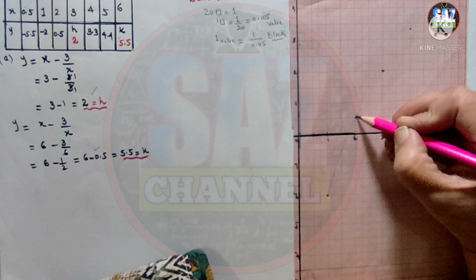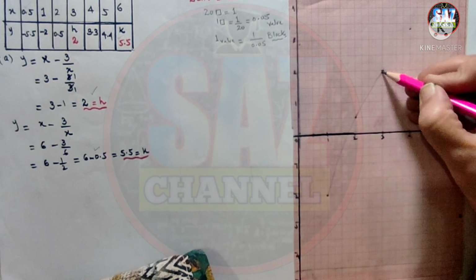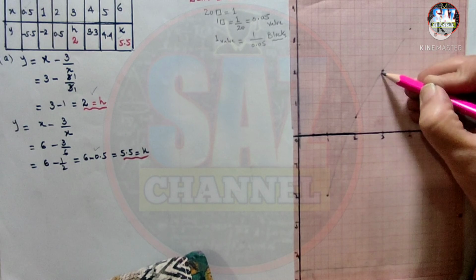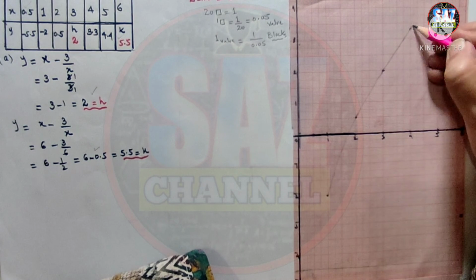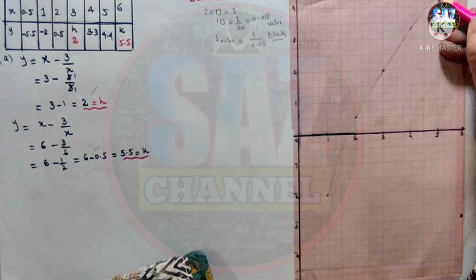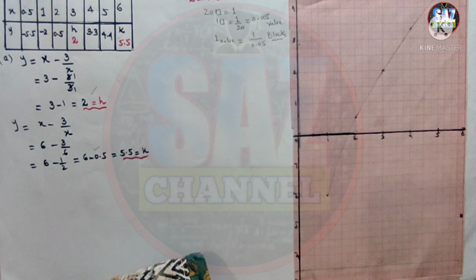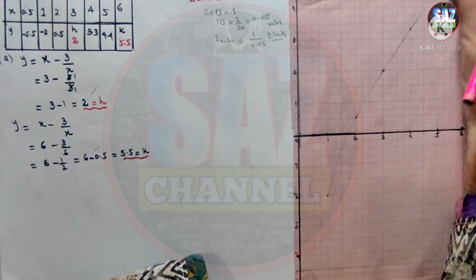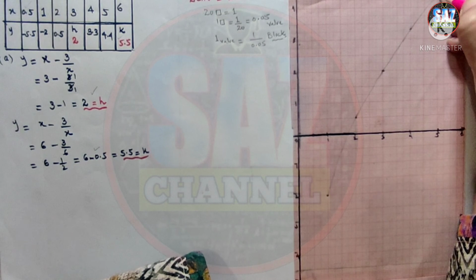Okay, let me rejoin this. From this point to this point I have to go smoothly. Then this point, and then I have to go finally upward. Let me redo this part. This is 6 with 5.5.